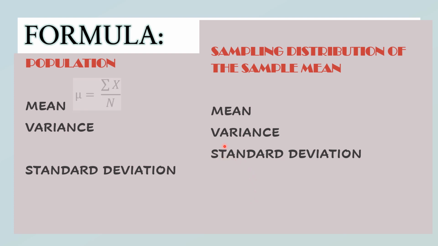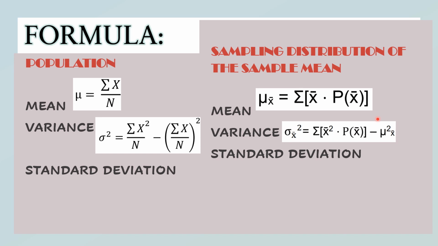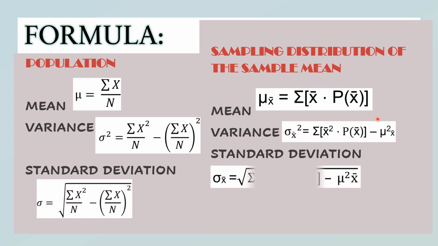I hope you already wrote it in your notebook. So we have different formulas for population and for sampling distribution of the sample mean. So dito tayo magpo-focus sa sampling distribution of the sample mean. So these are the different formulas for mean, variance, and standard deviation.